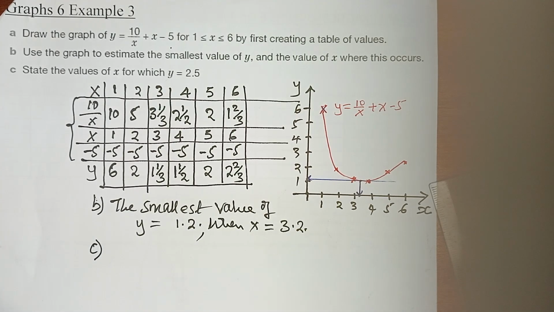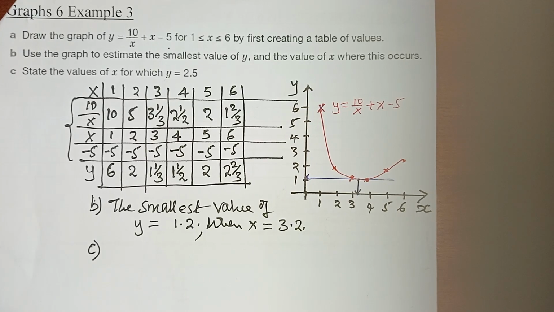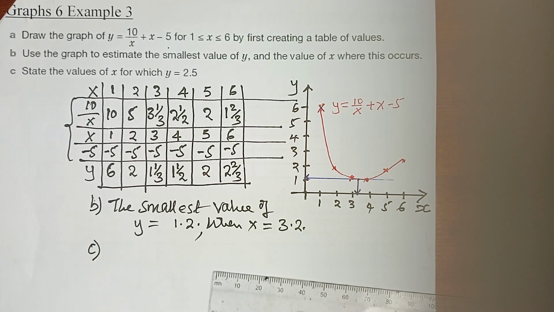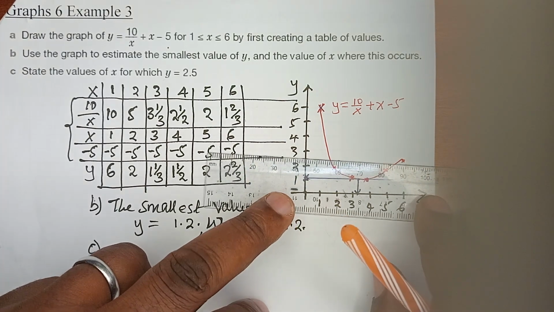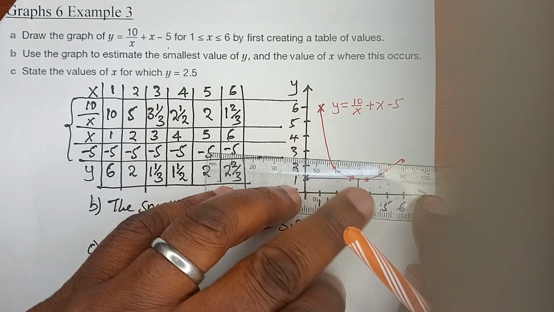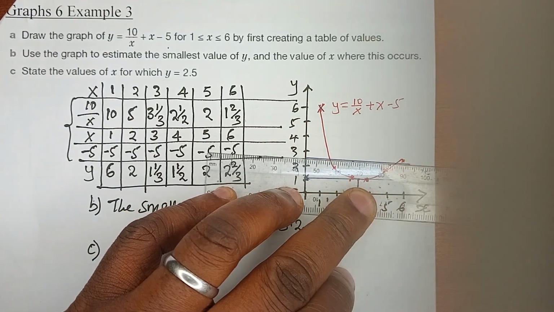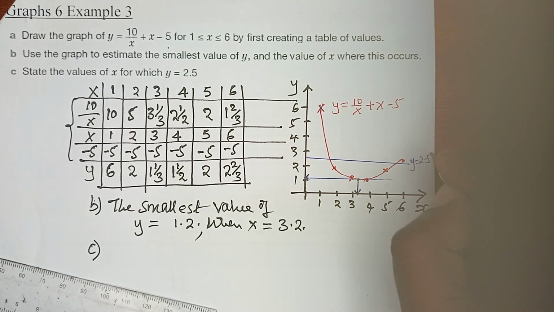Part C of the question: state the values of x for which y is equal to 2.5. What we do here is identify the line where y is 2.5, and we draw that line. We can even name it y equals 2.5.